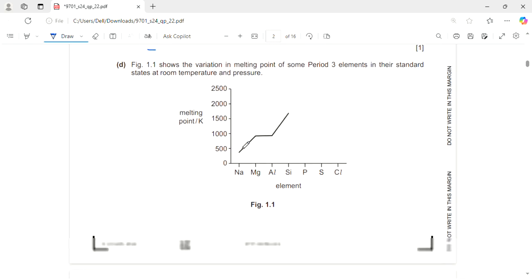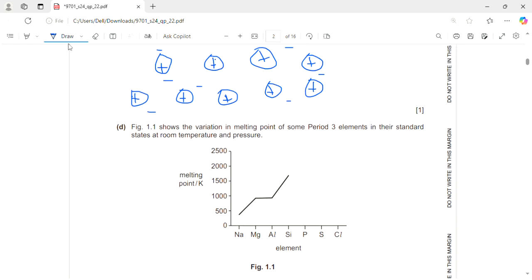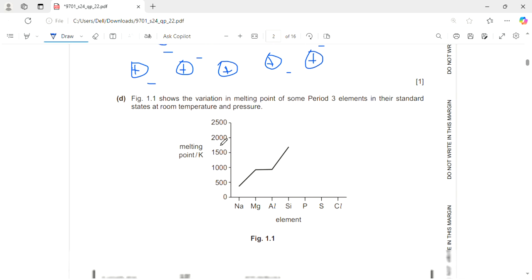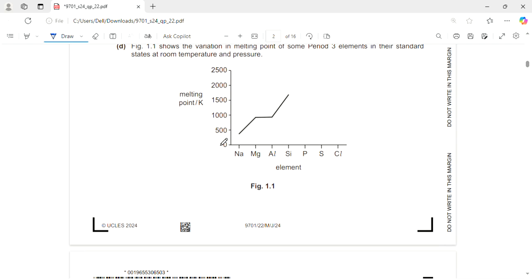Okay, move to the next part. Part D says figure 1.1 shows the variation of the melting point of the period 3 elements in their standard states at room temperature and pressure.